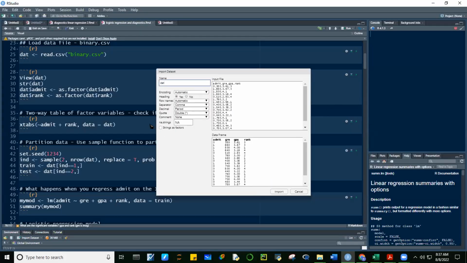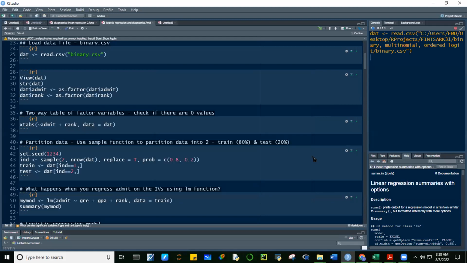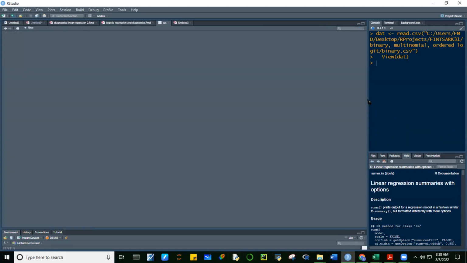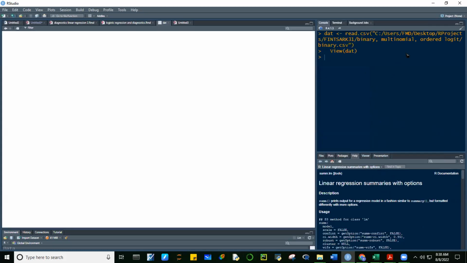Okay, wag niyo muna i-click yung strings as factors. Tayo na lang maglalagay niya, no? So import na ako. Okay na ba? Yeah. The file is shown here. And input. We can see the code in the console. No?